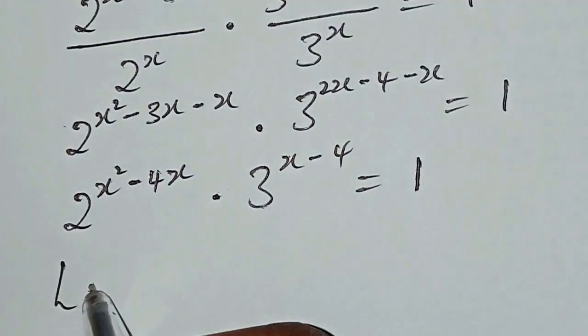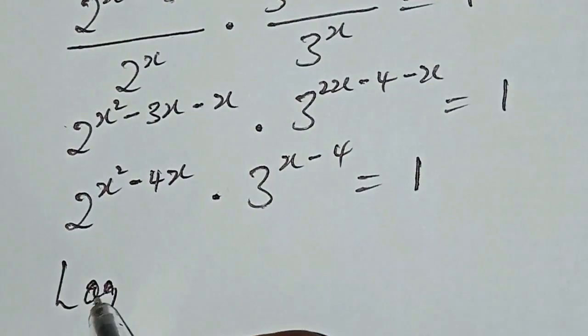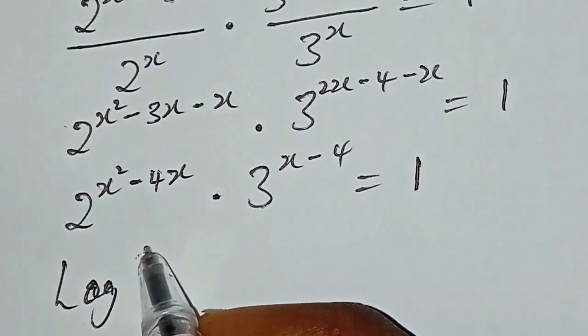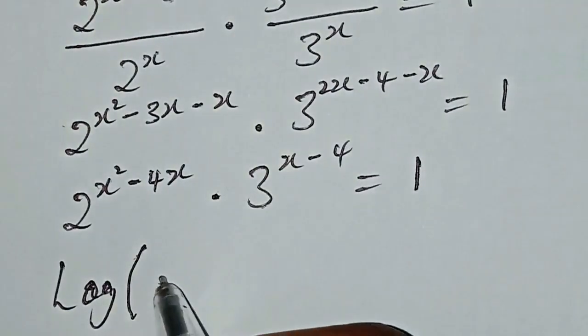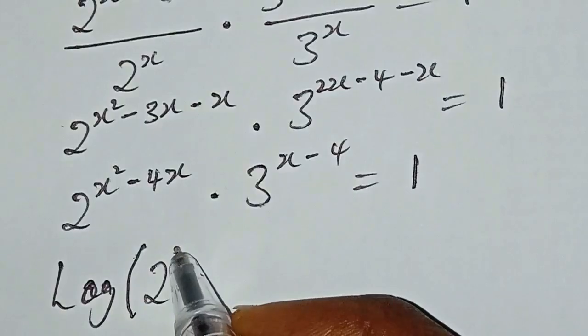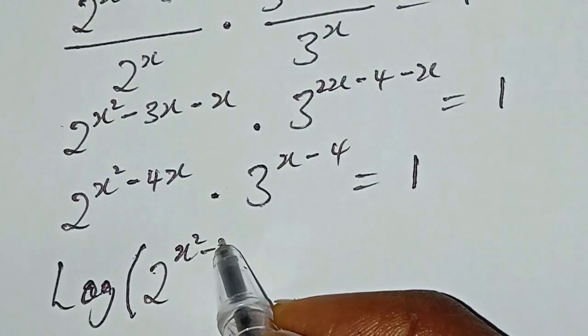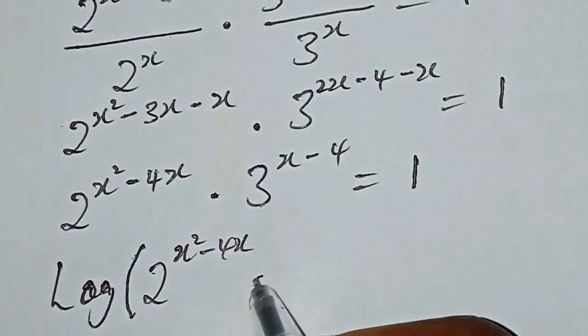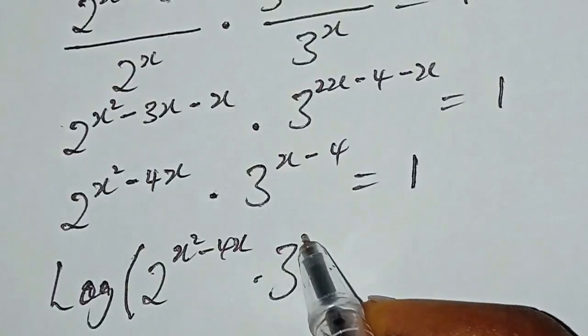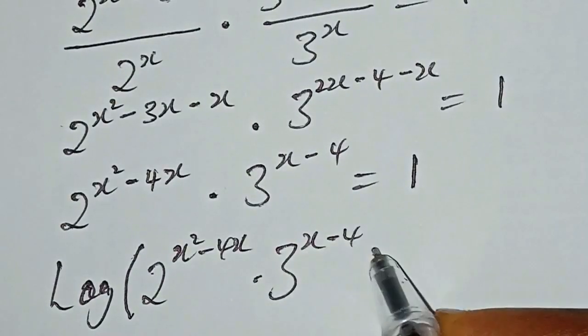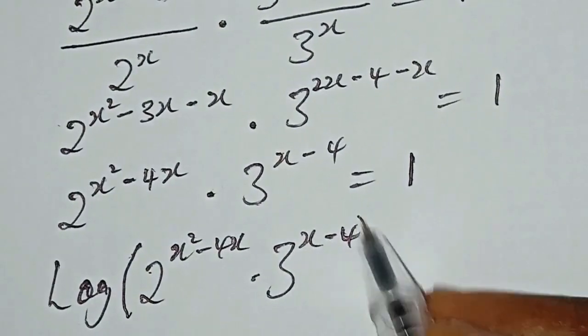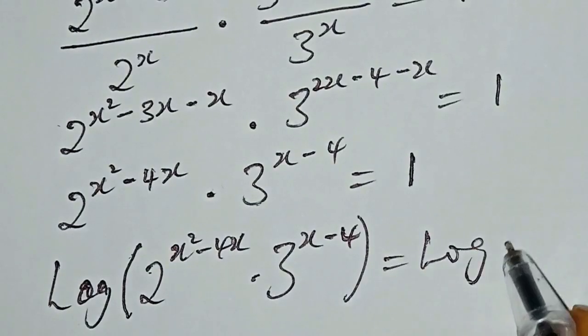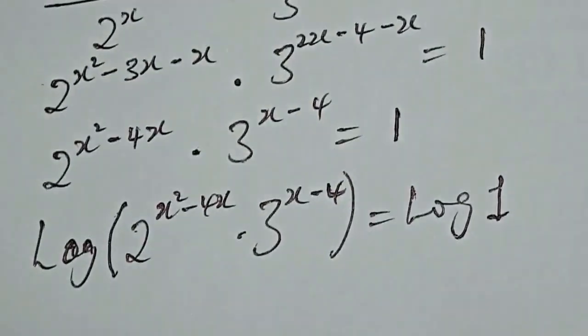We have log of the whole of this expression at the left hand side, 2 to the power of x squared minus 4x, then multiplied by 3 to the power of x minus 4 equal to log 1.